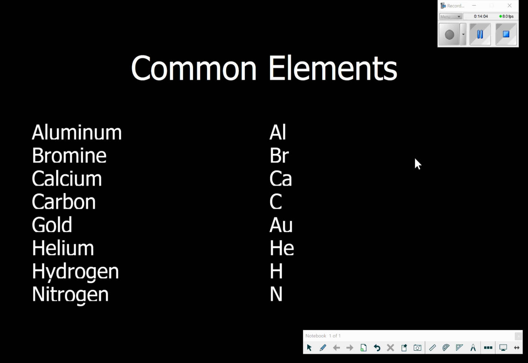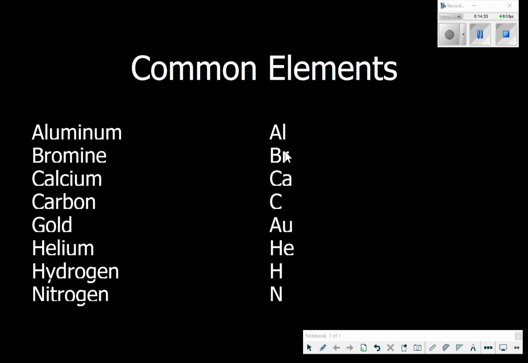Okay, there are 118 elements, and every element has a symbol. That symbol has a capital letter. It always starts with a capital letter. It may end with a lowercase letter. Aluminum, its symbol is Al.